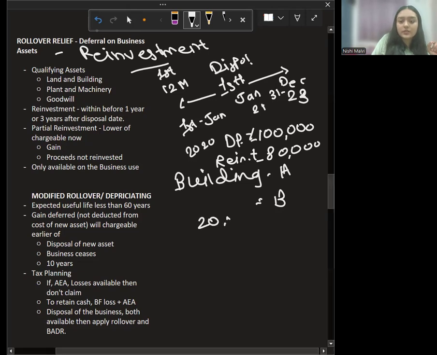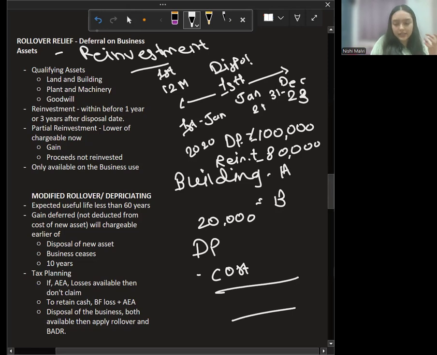So 20,000 is cash on hand, meaning money which you have not invested. Here, proceeds not reinvested. And the gain, how will you compute? Disposal proceeds minus cost of the asset. That's your gain. In case you have any cost to sell, you will deduct it.